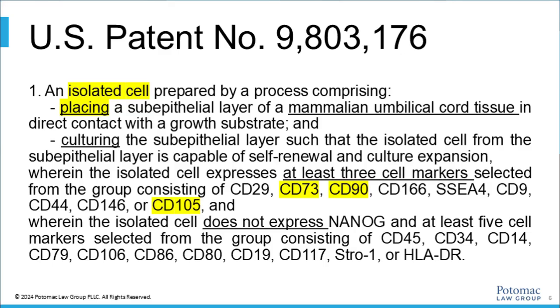I think this is going to be important as we get into the inherent anticipation discussion briefly, but I'll turn it over to Reza M to go through the claim construction a little bit.